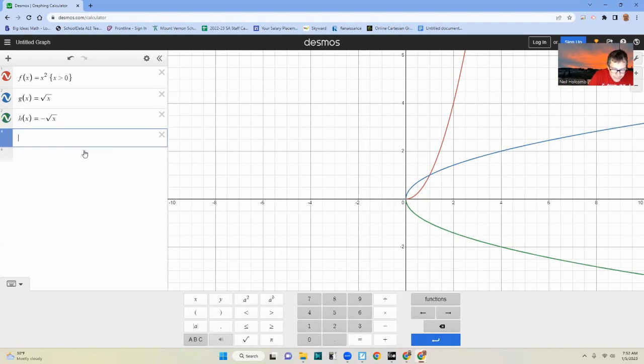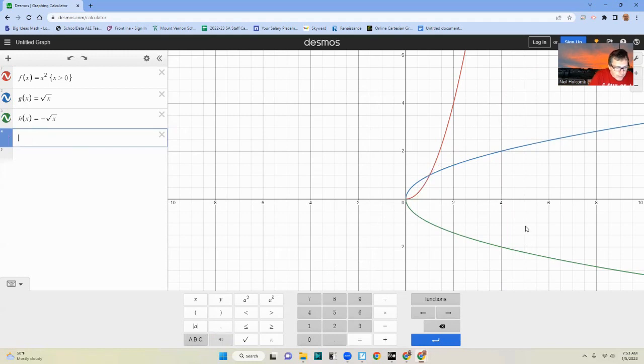So if I write x equals 4, I have x equals 4 and y equals 2 and negative 2. You cannot map an x value, a domain, onto 2 different y's, or it fails the vertical line test and it is not a function. So since this would not be a function, we do not want to graph this side. And that's why we didn't graph the negative side of the parabola, because that's what would have gotten flipped over. Okay, hopefully that makes sense to you.